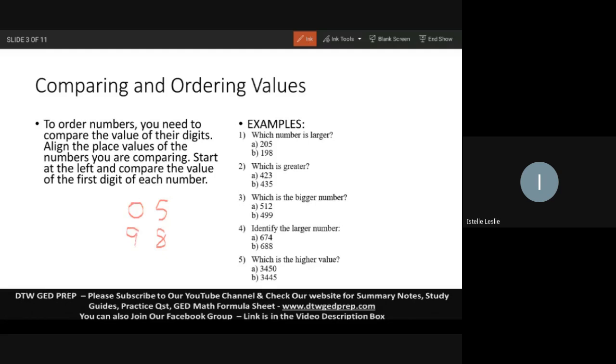The hundreds will be 2, 1. So we align this way and then we start from the left to see which has a bigger number. Now this is at the hundreds position. So when we look at the numbers, 1 is less than 2. So this means 205 is the larger number.